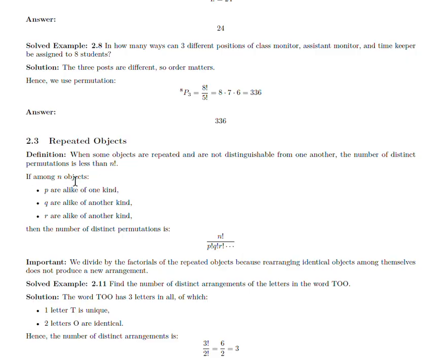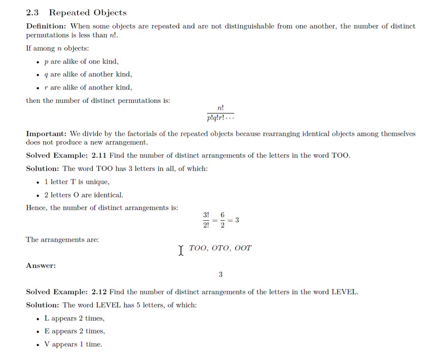If among n objects p are alike or are alike of one kind, q are alike of another kind, r are alike of another kind, then the number of distinct permutations is n factorial divided by those repetitions.